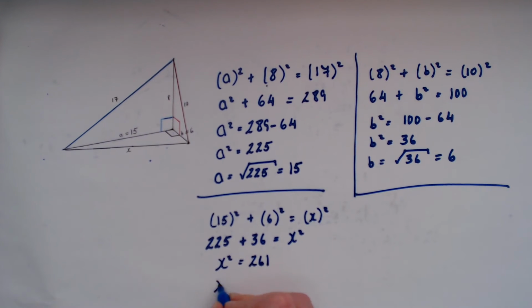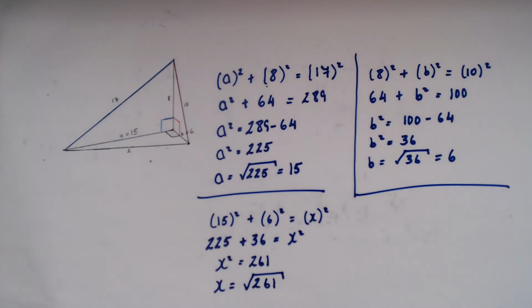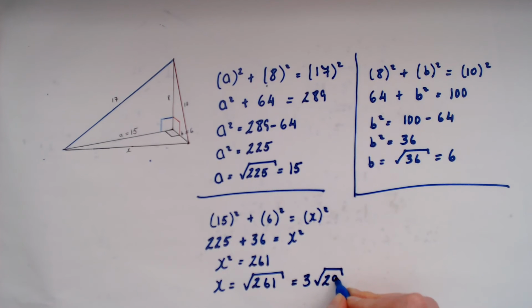And therefore, x is equal to the square root of 261, which simplifies to 3 root 29. So 9 times 29 is 261, so I can take the 9 out from underneath the square root sign. It becomes a 3.